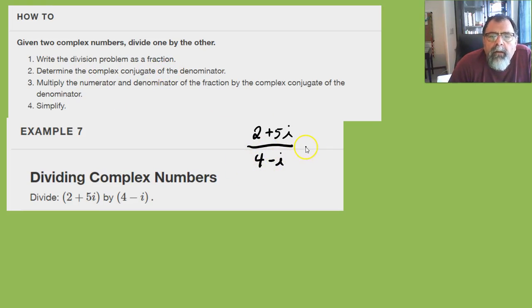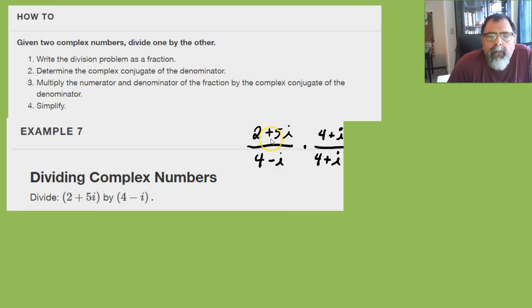You switch the sign of the imaginary part, so plus, and then multiply the numerator and denominator of the fraction by the complex conjugate of the denominator. Basically, we're multiplying by 1. Exactly what it says here.